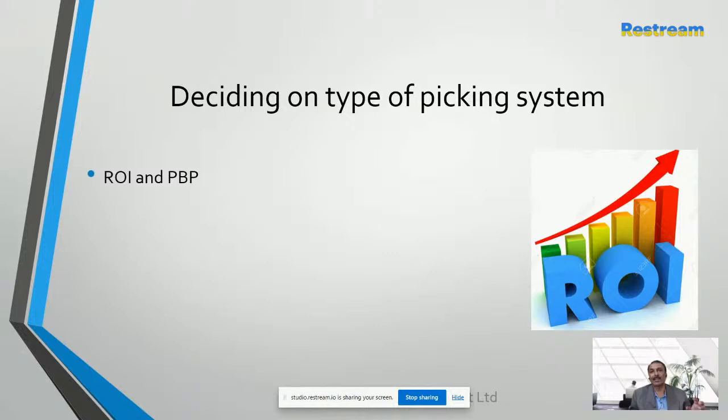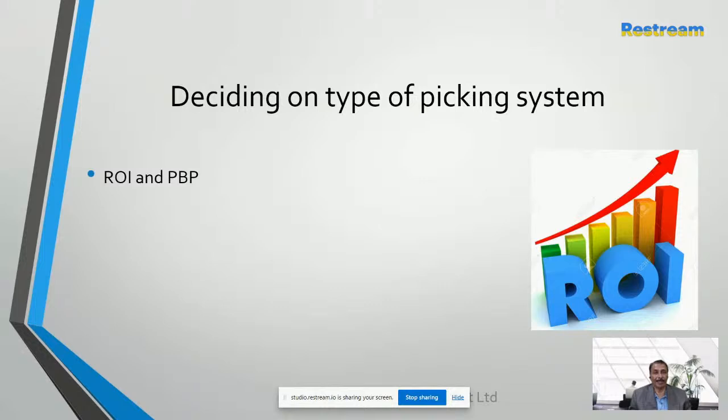These are some financial terms used to evaluate whenever you are investing huge amount of money, specifically capital items. All these picking systems, for example voice technology, are capital investment. So you need to work out ROI and the payback period. Of course, your finance team will do that, if you are able to provide all benefits in a quantifiable manner.